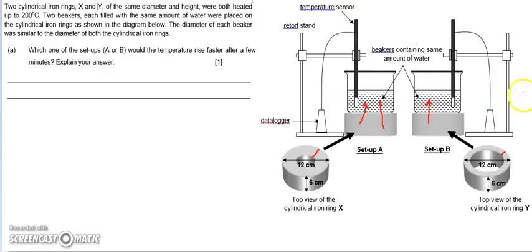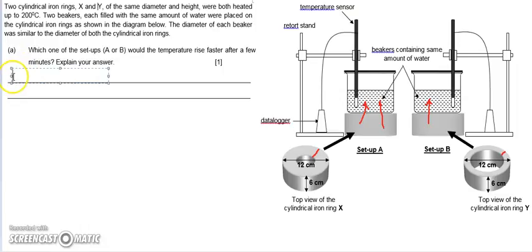These two items can have the same temperature, but they definitely do not have the same amount of heat. So which one of the setups, A or B, would the temperature rise faster? Now, I've already explained to you, but how do you write this down?